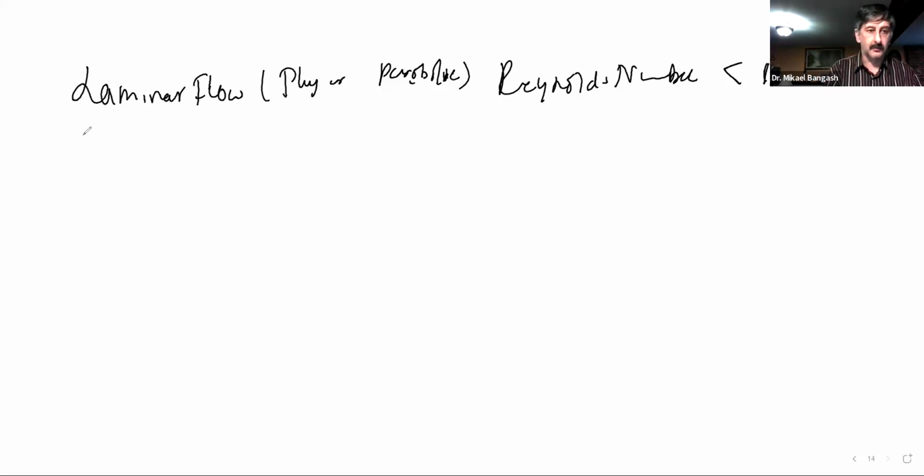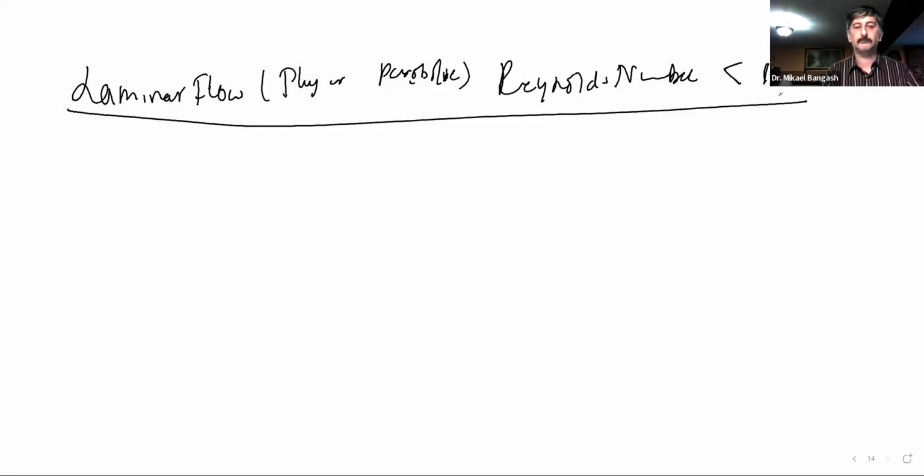That's all you need to know. Clear? So a flow with a Reynolds number less than 1500 is going to be considered a laminar flow.